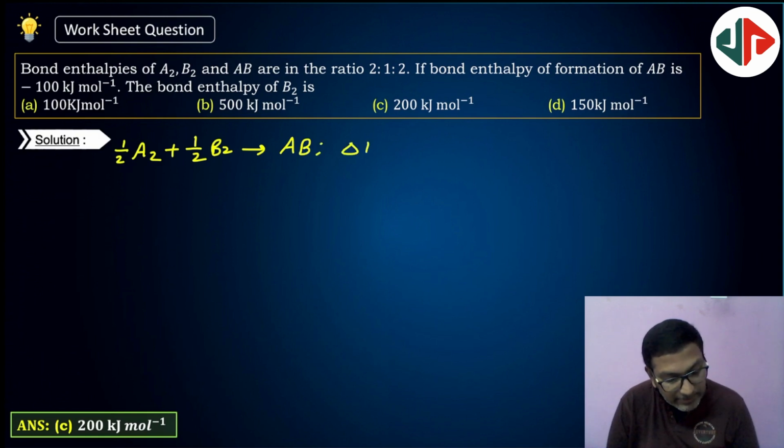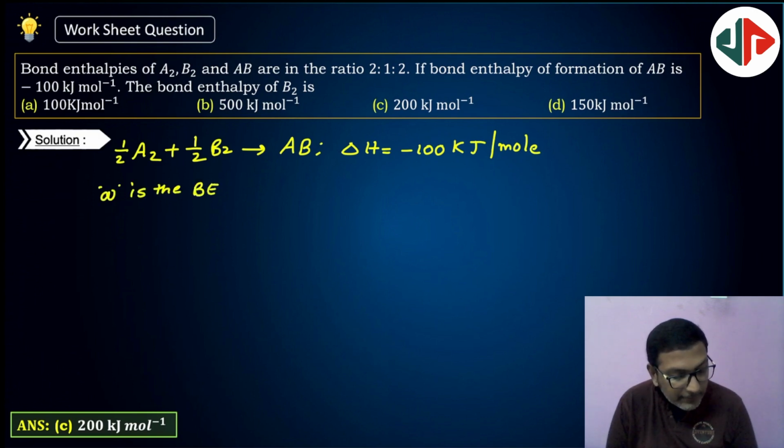So for this delta H is given minus 100 kilojoules per mole. So here bond energies. See, A is the bond energy for B2.